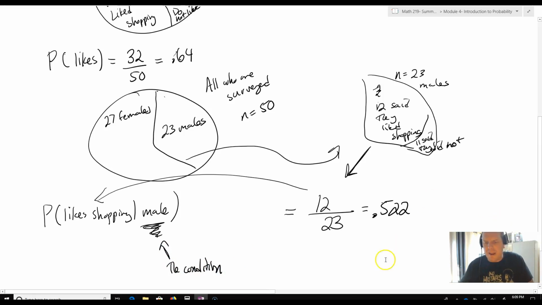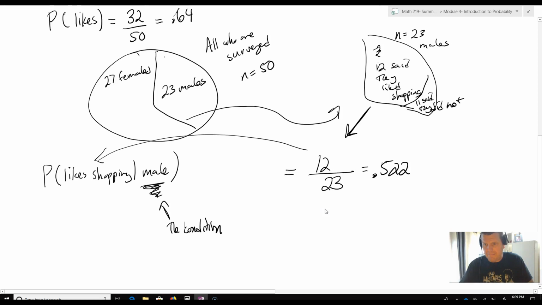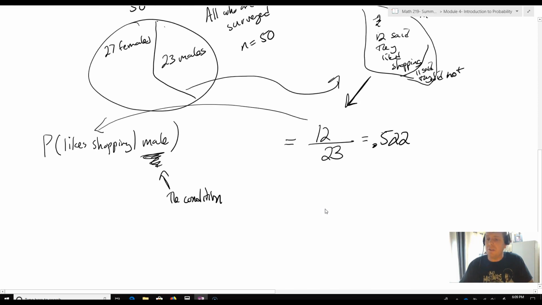So now that's the males. And those who like shopping, we're not going to worry about the females. We're only going to concern ourselves with the males. So consequently, that's why we ended up with the 12 males who like shopping over the 23 total males. Okay? And that's how we work with conditional probability.